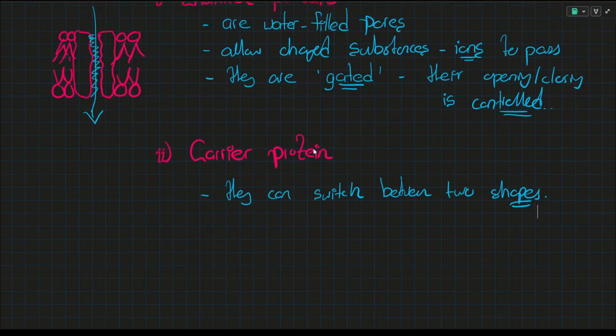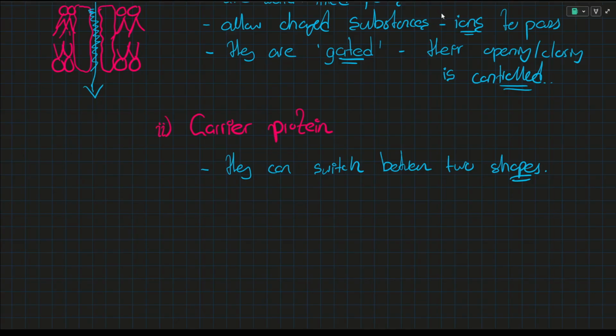How would that look? Let me show a live example. If this is my cell membrane and this is my channel protein, something like this can happen. This is its initial shape. I'll call it shape A. Now, if this is my molecule that has to go through, it will come and fit onto the channel protein.